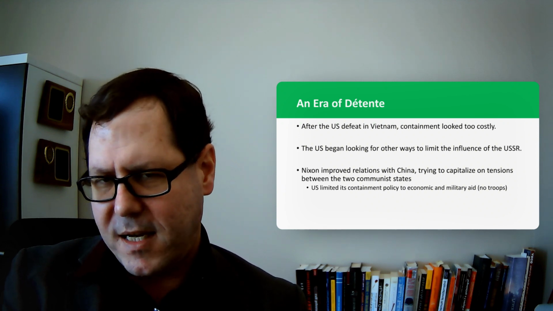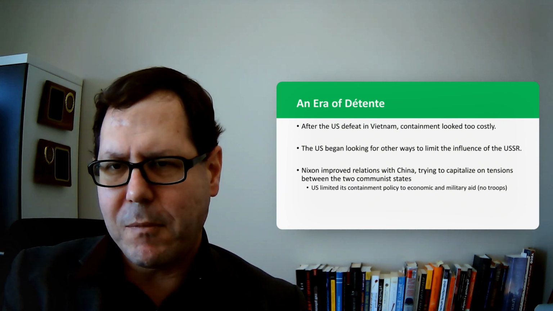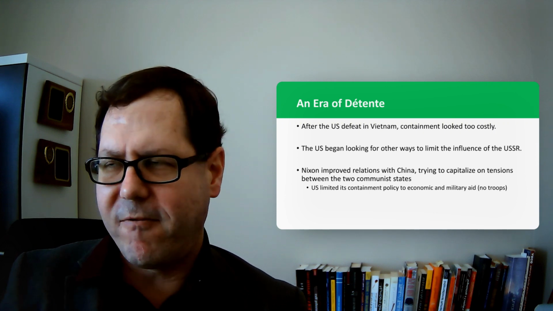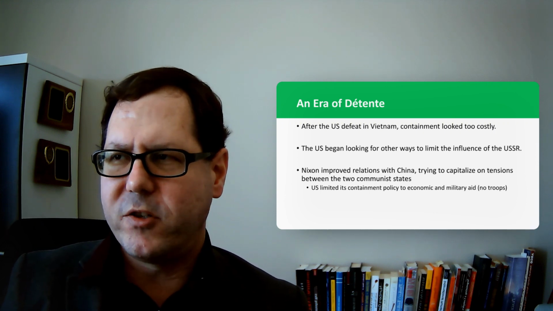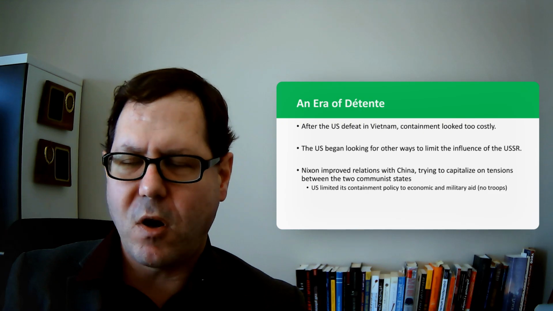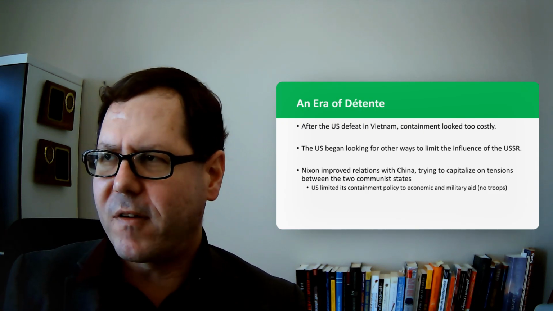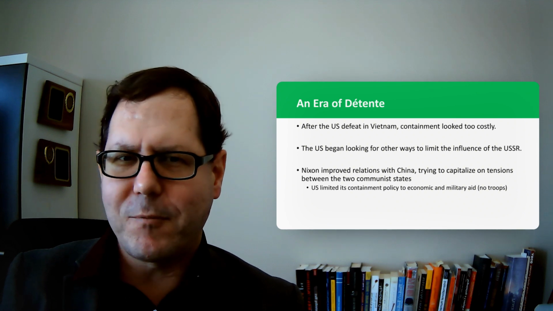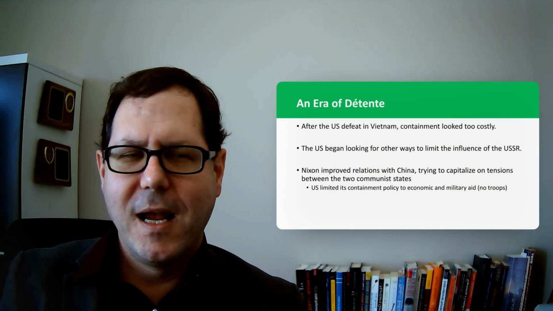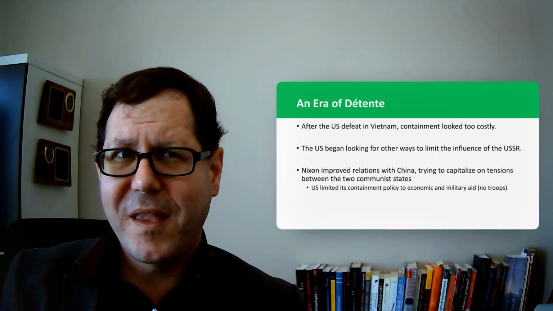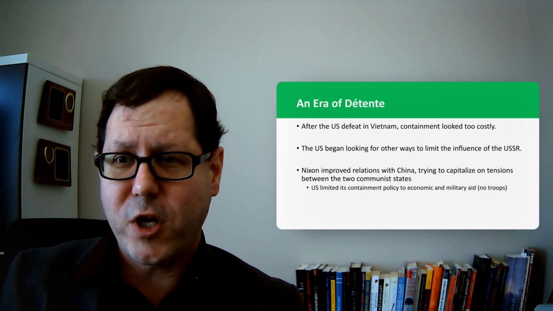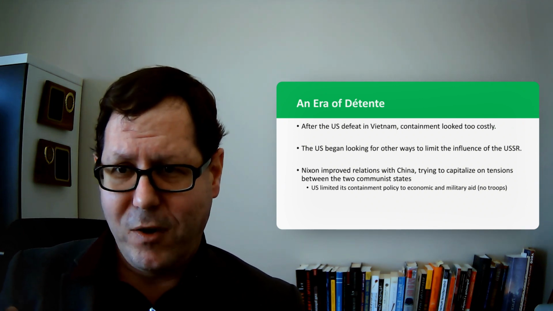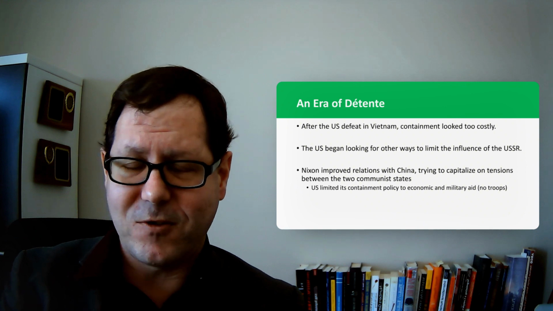The second thing that Nixon does is he reestablishes diplomatic ties with China. And China had for a long time been trying to work itself away from the Soviet Union. They had a number of conflicts over a whole range of issues. The Soviet Union tried to stop China from developing its own nuclear weapons. They had fought a border dispute. And I think in 1962, China attacks India, and the Soviet Union actually backs India at the expense of China.